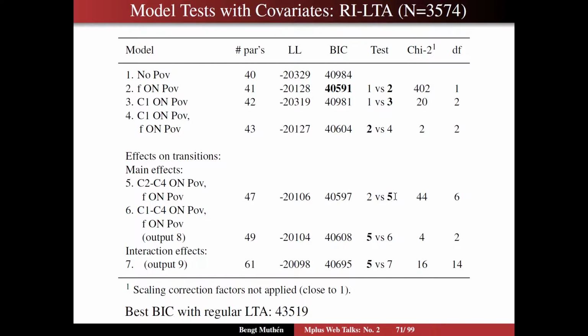We reject model 2 with a chi-square difference of 44 with 6 degrees of freedom. If we use model 6, which corresponds to output 8 that we discussed in segment 14, and compare that to model 5, you would still work with model 5 as the simpler model, and it has a better BIC as well.